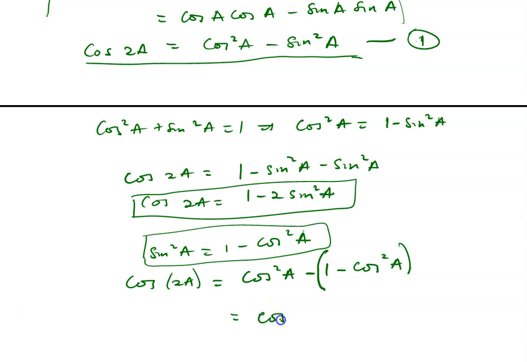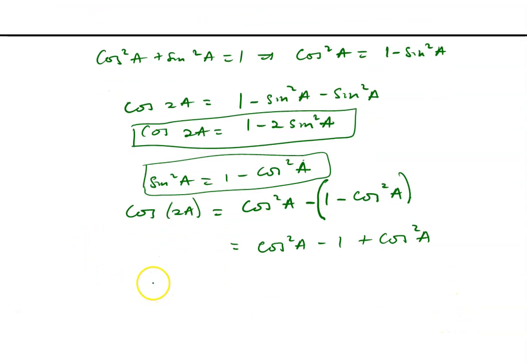At the end, I'm going to get cos squared A minus 1 plus cos squared A. So I'm going to get 2 cos squared A. That is, cos 2A is equal to 2 cos squared A minus 1. Yes, you should take note of it.